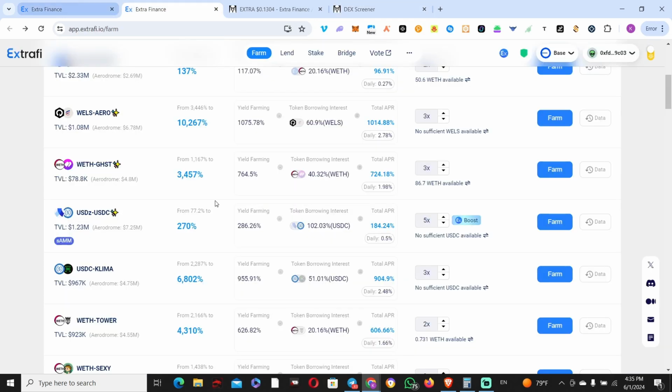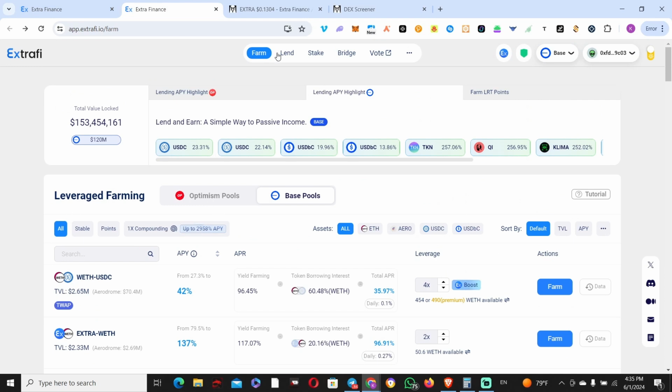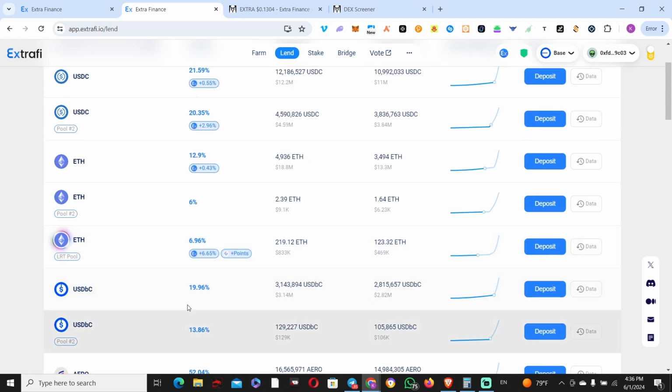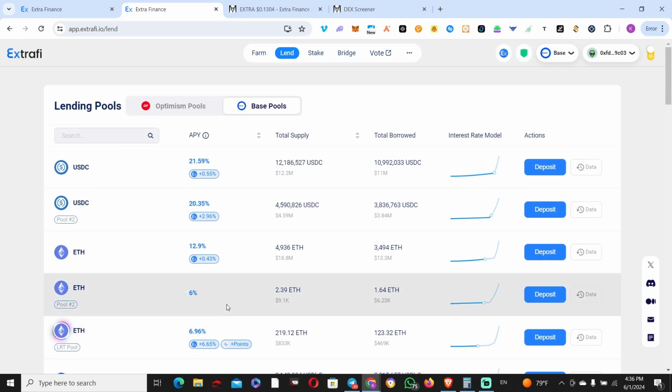So last thing I will mention here is that you can also lend your tokens, which is super simple. If you click on the lending page, you can just simply deposit your USDC, your ETH, your USDbC, and then you can earn that APR. Now it does say APY because again, it annualizes it in case you keep that money. So it's a bit less in terms of APR.